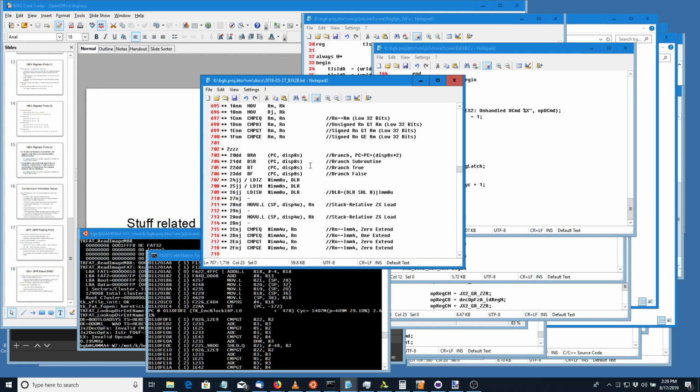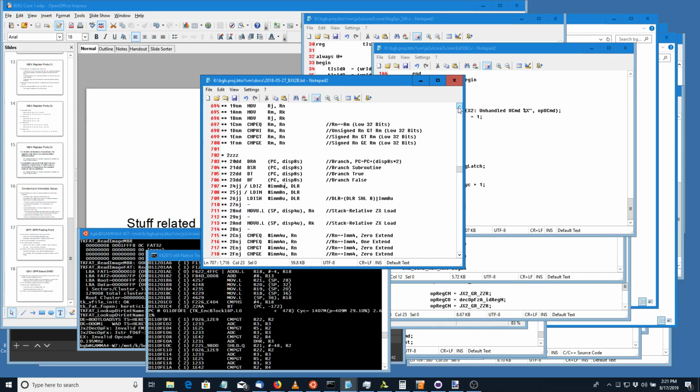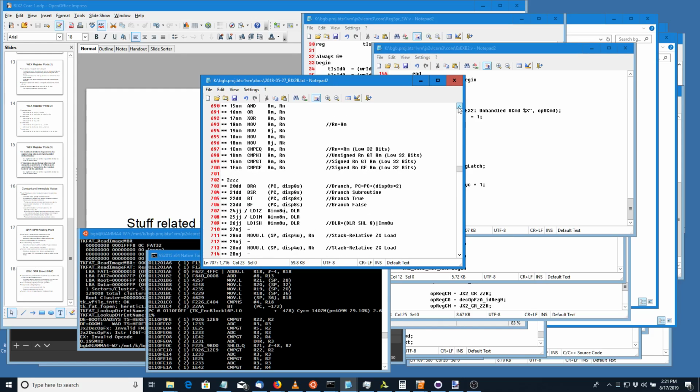So yeah, I'm not just designing all this stuff willy-nilly, but a lot of the design for this instruction set is based to some extent on empirical testing.